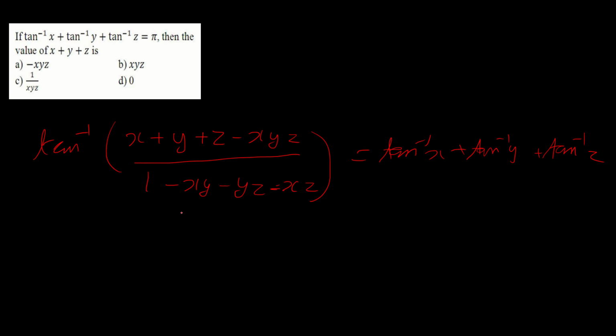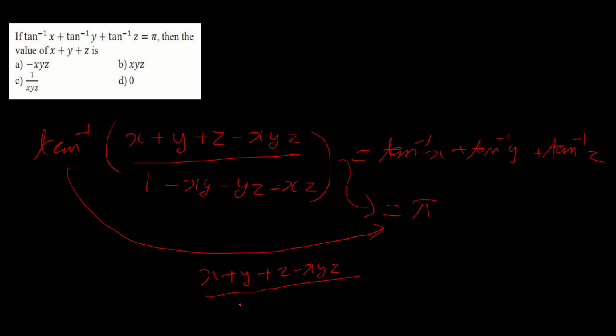Okay, it's equal to pi. So this value is equal to pi. I'm just going to put this tan inverse in the RHS. What is tan pi? It is 0, right? That is x plus y plus z minus xyz divided by 1 minus xy minus yz minus xz is equal to 0.